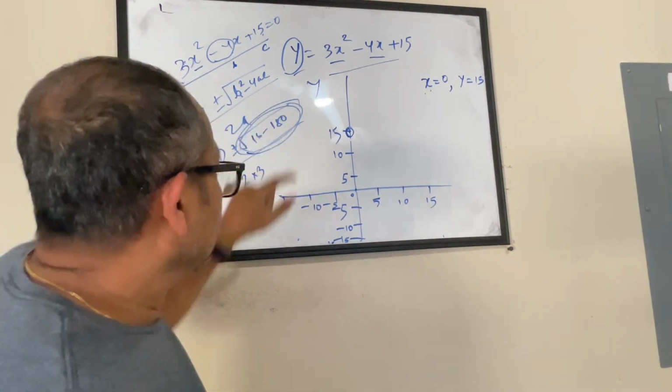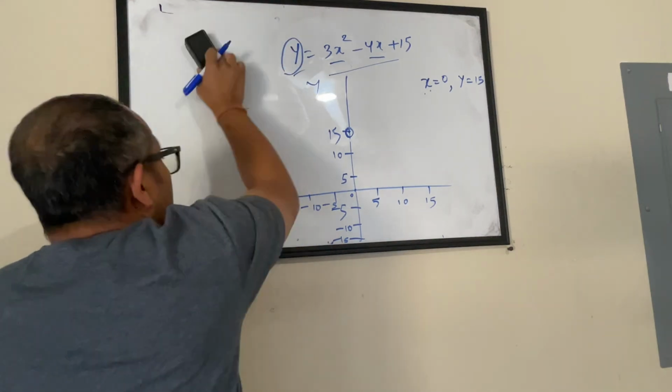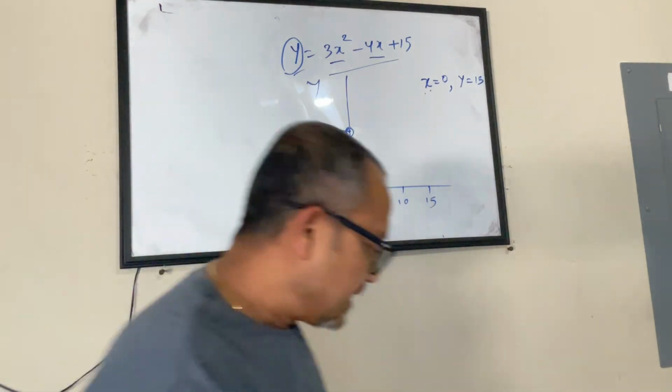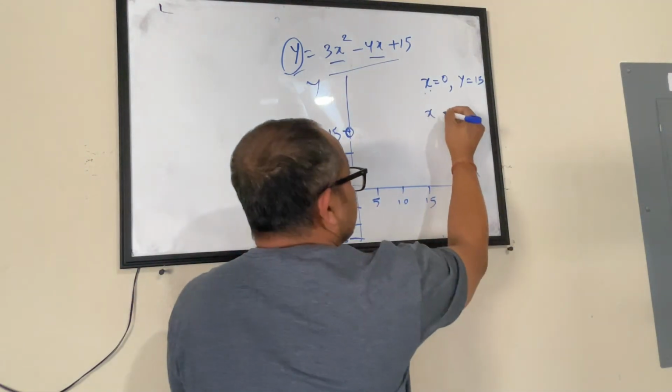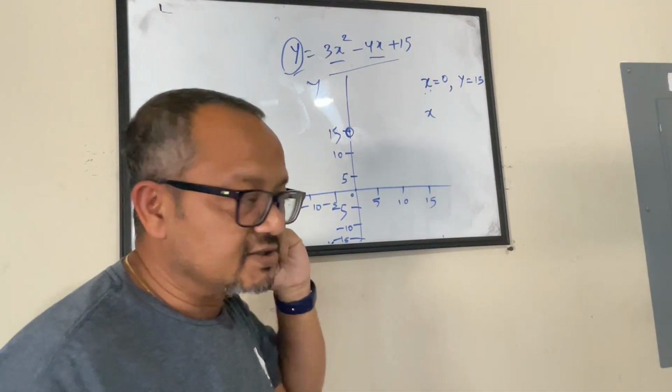Anyways, let's not try solving this one, but let's look at the concept part of it. If I have any quadratic equation, basically you have to find out the points. Maybe this equation was not correct, that's why we were getting an imaginary answer for this one.